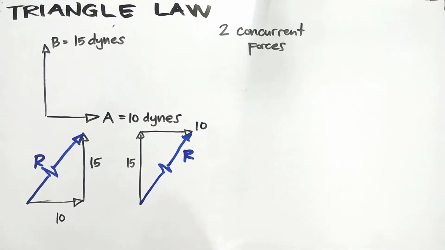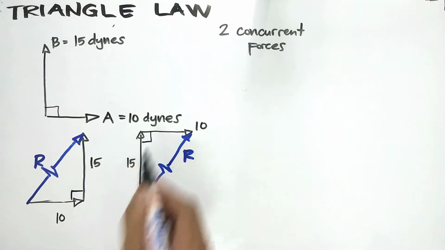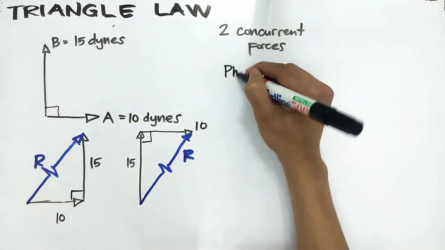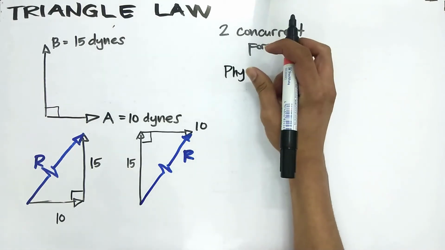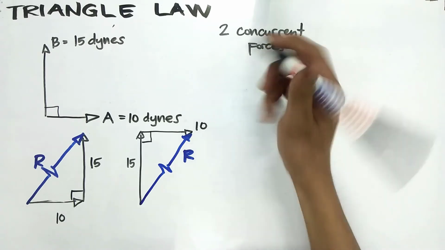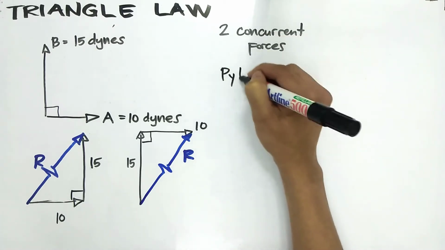So luckily this is in 90 degrees. We can easily solve for the resultant using the Pythagorean theorem.